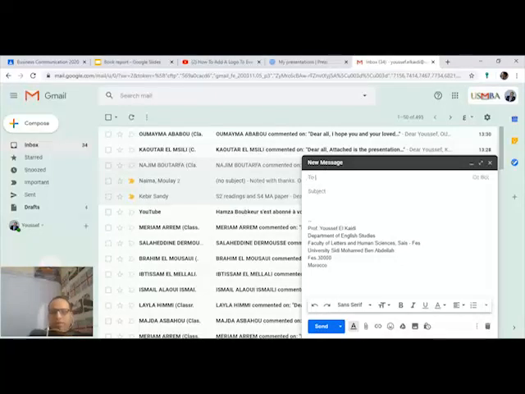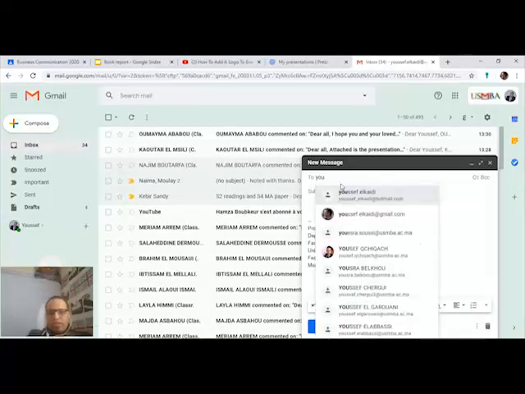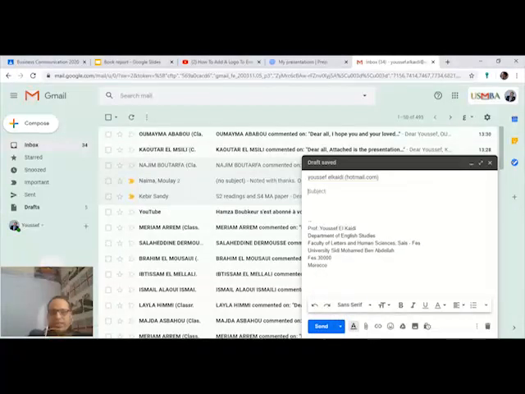Now, recipient, look here. This is "To". I can include the email of the recipient, okay? Like, for example, this. The subject line, for example, requesting information on Dell computer, right?